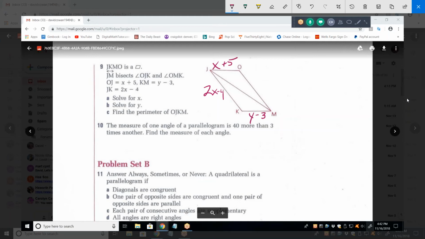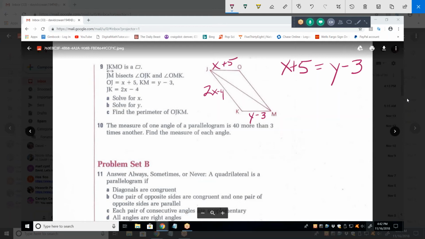Okay. So x plus 5 equals y minus 3. Okay, that's one equation and two unknowns. Probably need another equation. And then 2x minus 4, once we find what one of them is equal to.